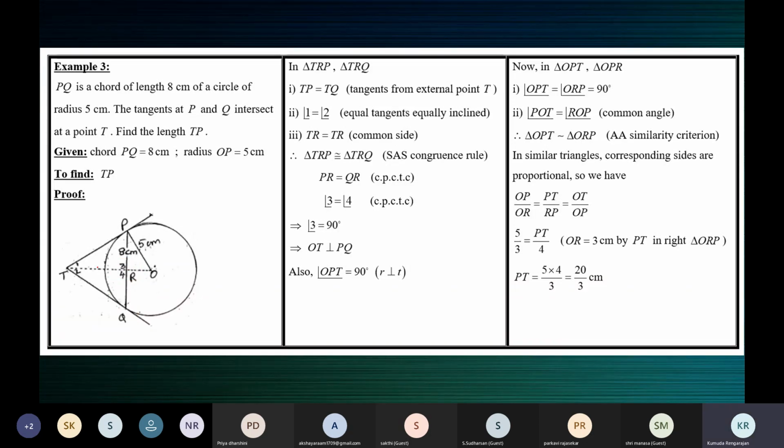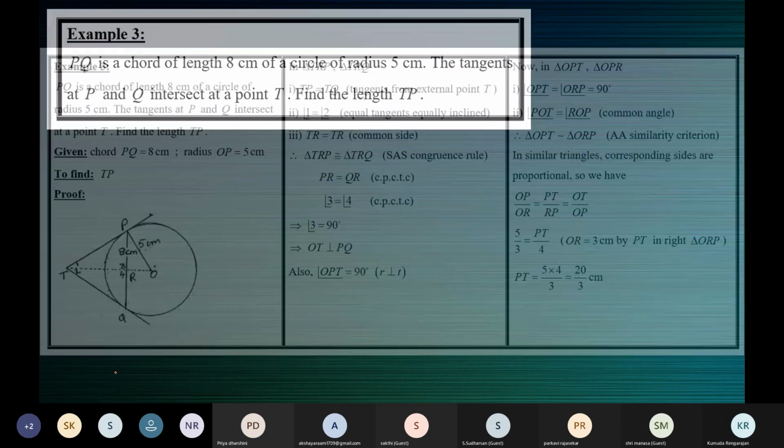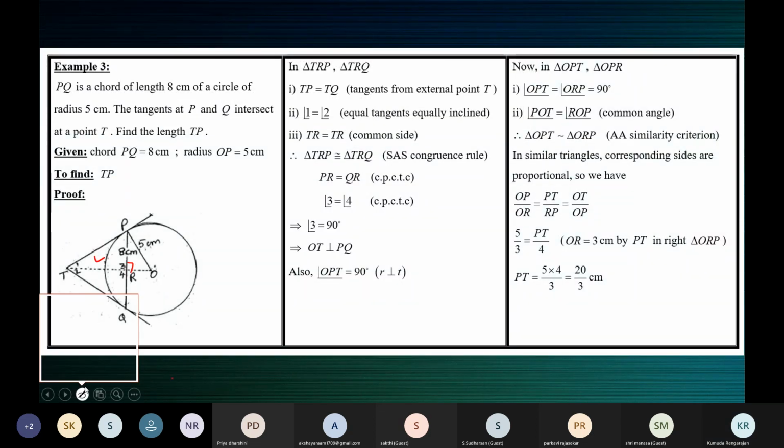So children, step 1, you'll have to prove that this angle is 90 degrees. Show that this triangle is congruent to this triangle.